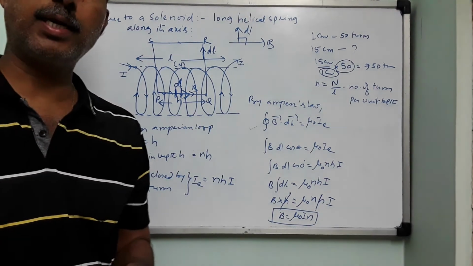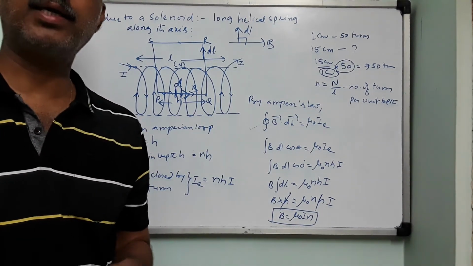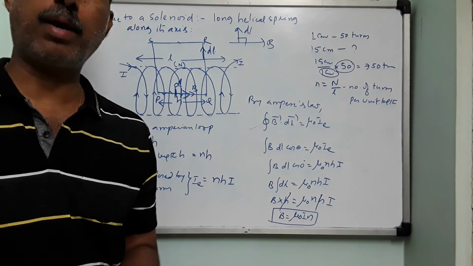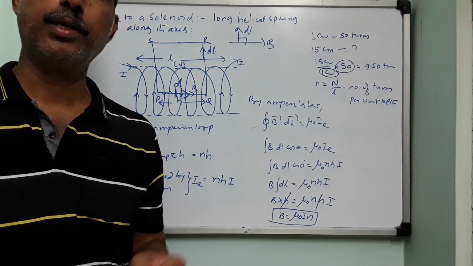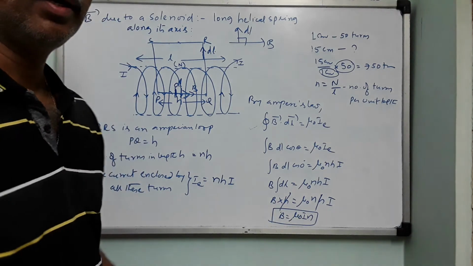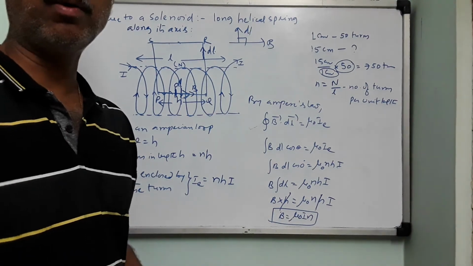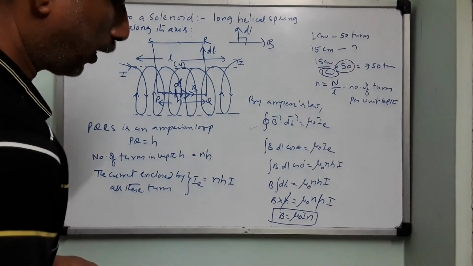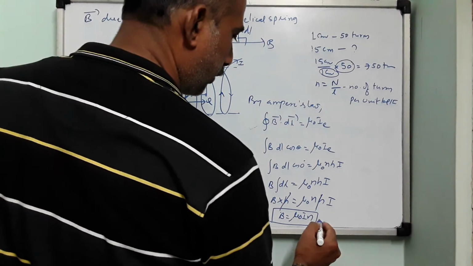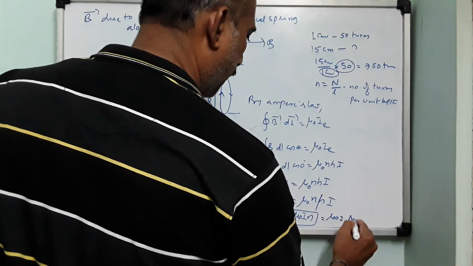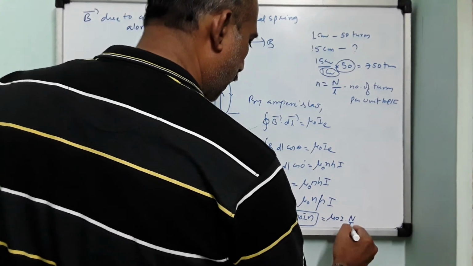When these fields act on the ion in such a way that the forces on the ion are equal in magnitude and opposite in direction, it will travel in a straight line. That is the concept of the working of the picture tube of a television. So B equals mu naught I n. The extension of this is mu naught I capital N divided by small l.